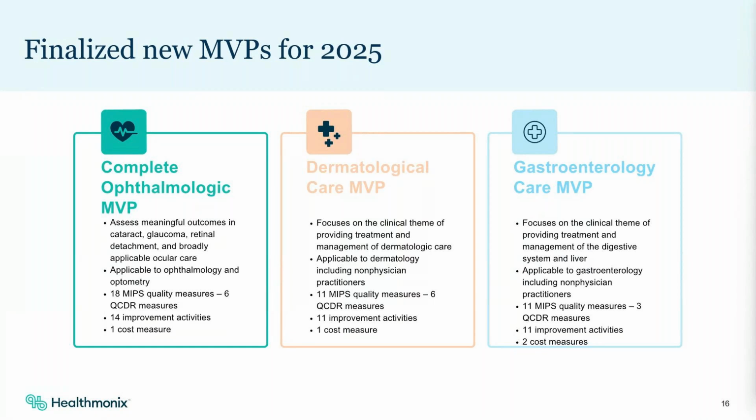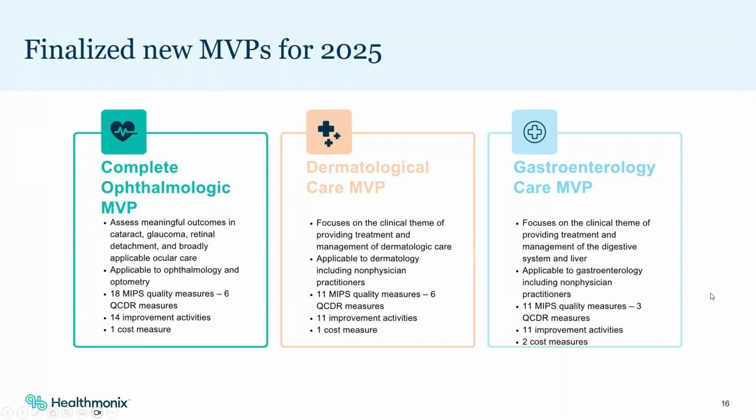Here at HealthMonix, we have a lot of practices and clinicians in these specialties, and working with our team as well as doing your own research will really help you decide if these measures are available or is something that you want to consider doing. HealthMonix does allow all of our customers to report on MVPs for any specialty. We have the availability to do so.